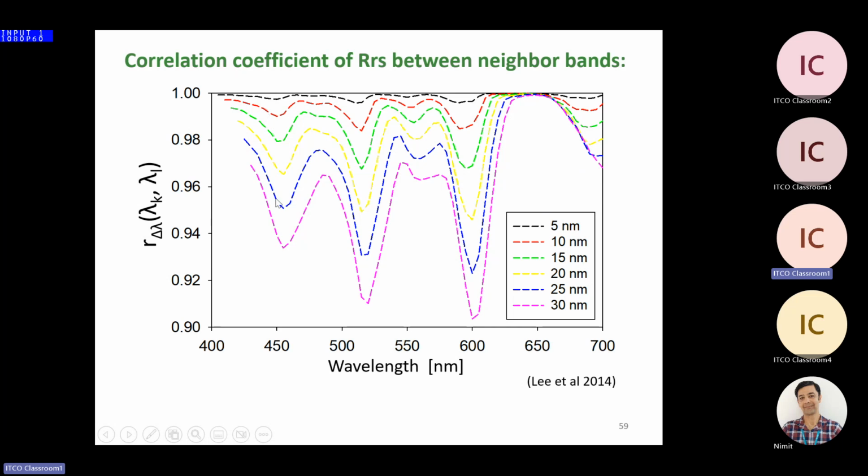That correlation drops when it gets to 20 or 25 nanometer. So that tells us that when you have more bands, it's redundant measurements, not necessarily really independent information. That's why using 15 bands versus 80 bands, we get roughly similar retrievals.